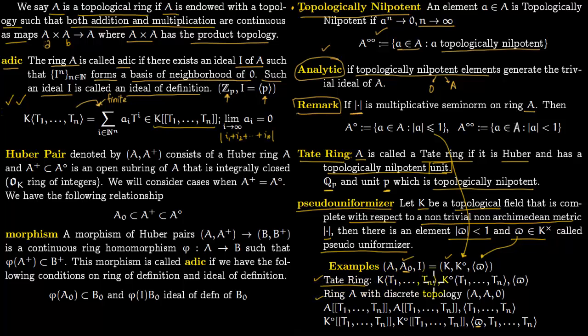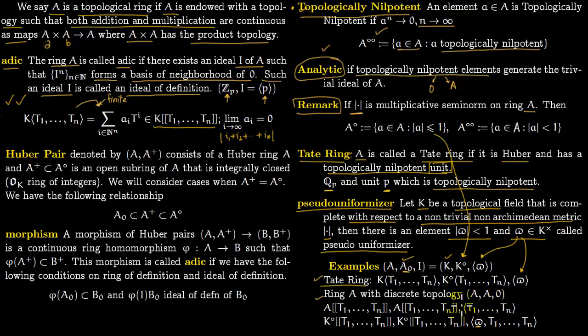So you have this power series, and this K is the topological field that is complete with respect to a non-trivial, non-Archimedean metric. So you have this K, and then you have this K circ, and then you have this pseudo uniformizer, the same thing which comes here, because this is the same K. Then another example could be a ring A with discrete topology. Then you just have A, and 0. The 0 is the ideal of definition.